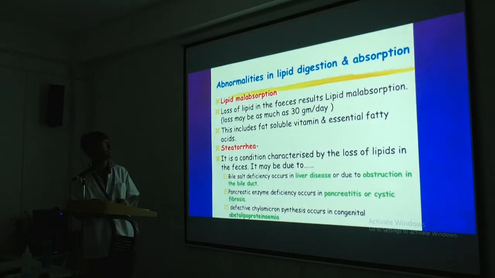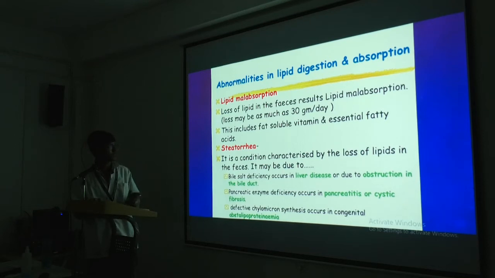Some of the abnormalities that can cause diseases are lipid malabsorption, where loss of lipid in feces may be as much as 30 grams per day. These include fat-soluble vitamins and essential fatty acids that are excreted from the body.